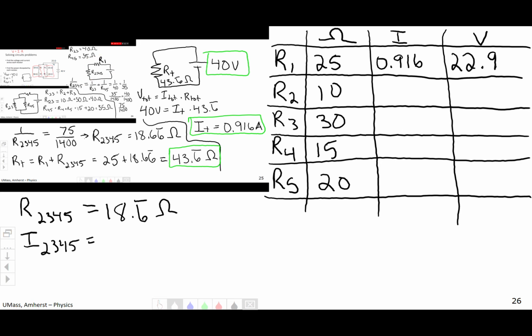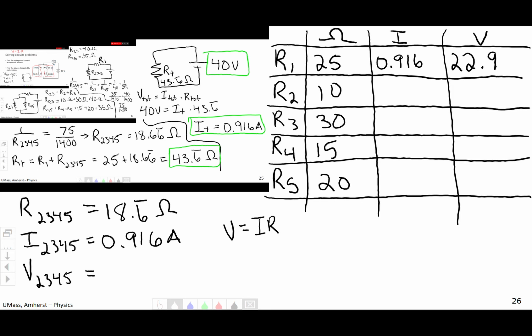Therefore, R2,3,4,5 receives 0.916 amps of current, and therefore the voltage that it receives, we have V equals I times R. So we have 18.6 repeating times 0.916.